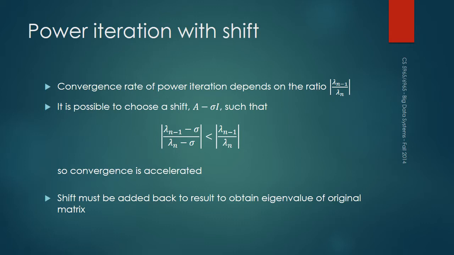The question here is that if you did have some knowledge about the range of eigenvalues, then you can introduce a shift. So instead of solving A, you're going to be solving A minus sigma I. But now you will see that this ratio can be lowered, because this fraction can be made lower than what we started off with.